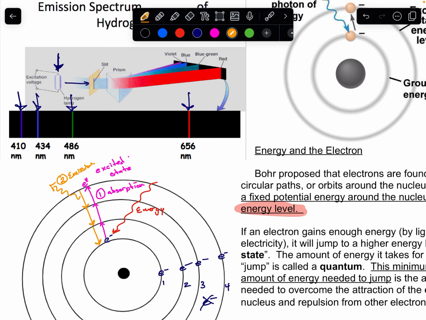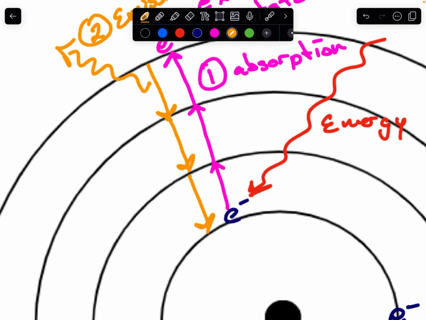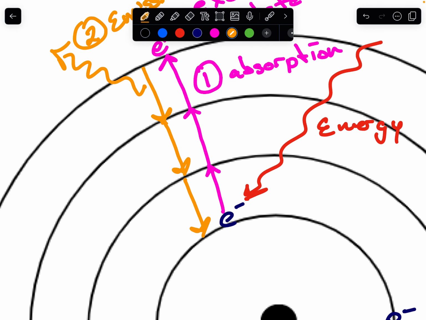So where do we get the specific colors from now? Well, that's about those energy levels. Okay? The further away from the nucleus you are, the more energy that electron needs to have, right? So that's why when we absorb energy, the electron goes away from the nucleus. Okay? When it falls back down, it releases some energy, right?